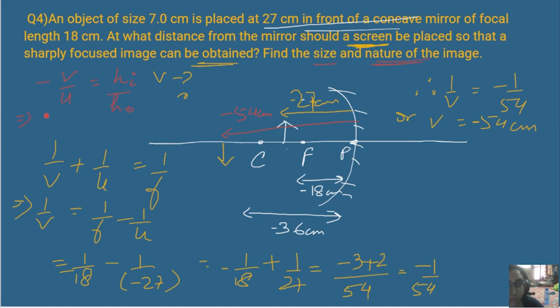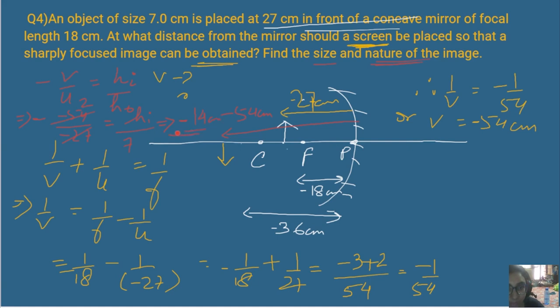So here we know minus, what is v? We have minus 54. u we have minus 27. Height of the object we have as 7. We have to find the height of image. So here what are we getting? We are getting height of image as minus 14.